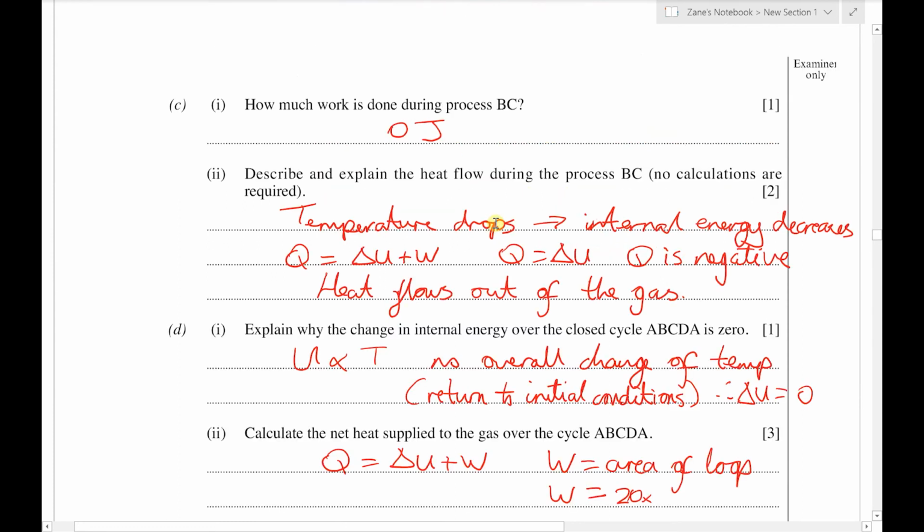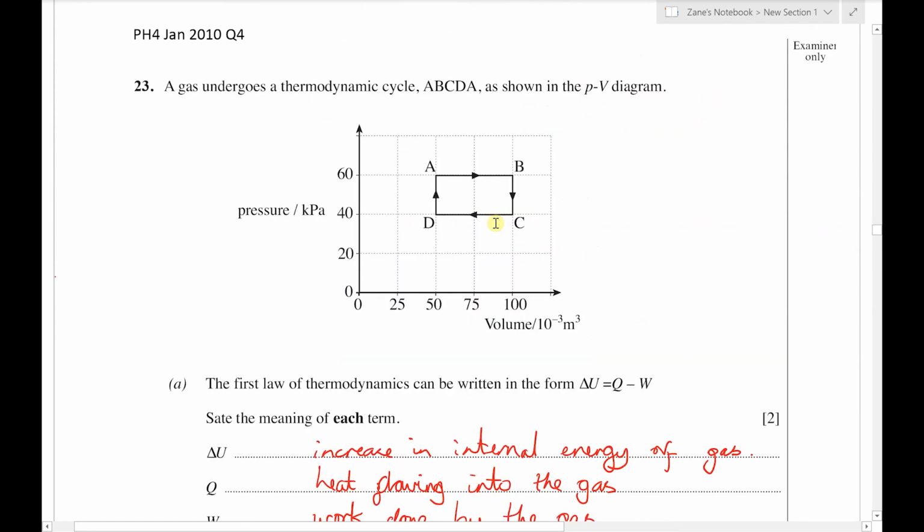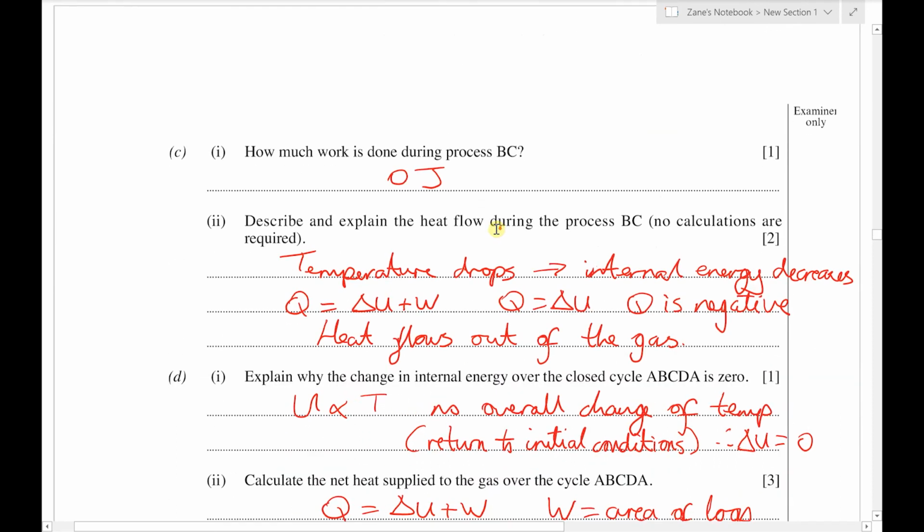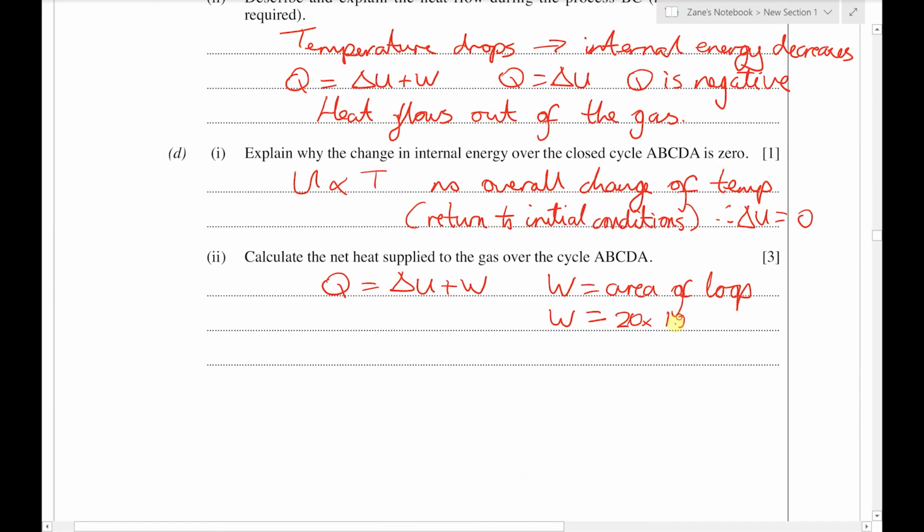Let's put the actual powers in there just to be clear. So it's 20 kilopascals and 50 times 10 to the minus 3 meters cubed, which gives us 1,000 joules of work.